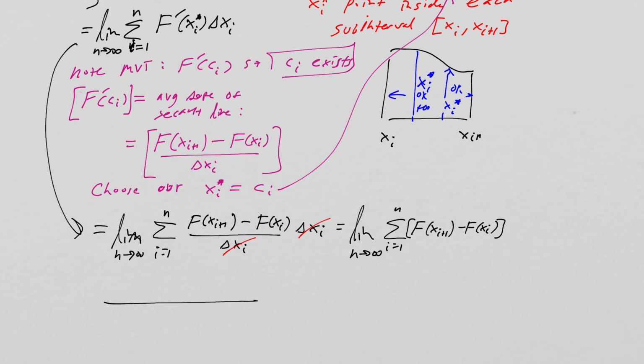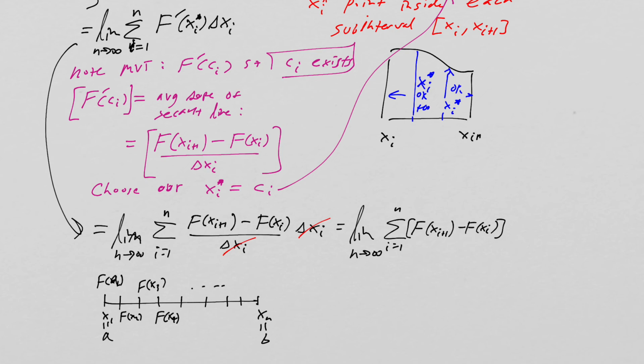Because remember, we're integrating from x1 all the way to xn here, and we're doing some sort of partition. So there's going to be an f of x1. And of course, x1 is going to be a, and xn is going to be b. So I can actually write that in there. I'll just call that a. Then we have f of x2, f of x3, f of x4, and so on.